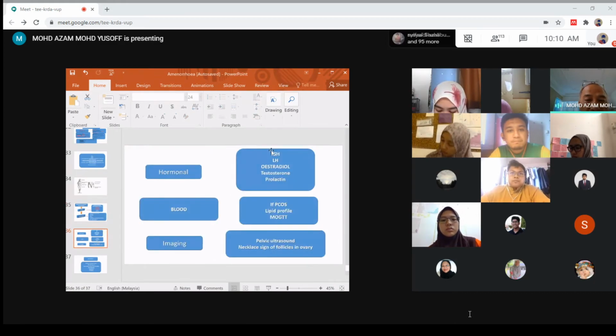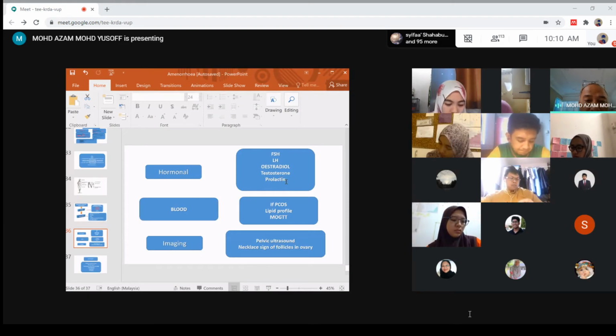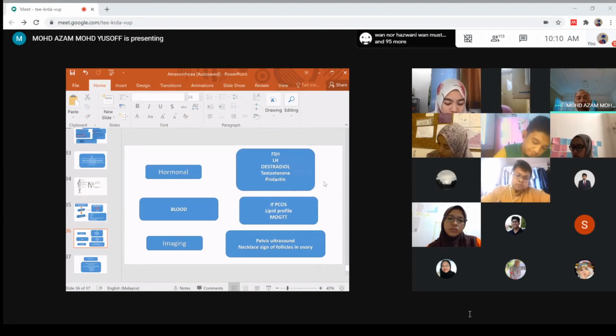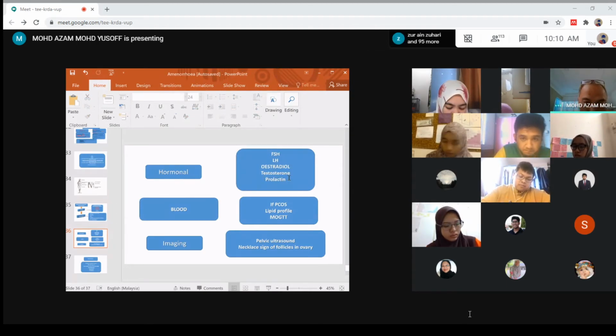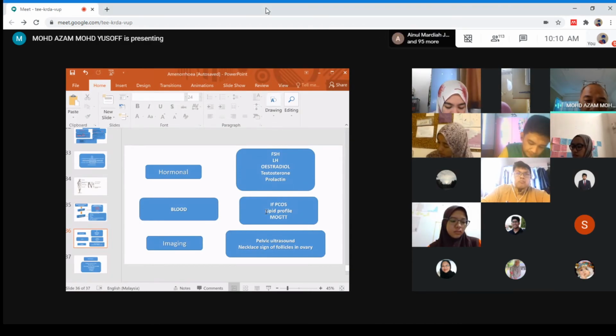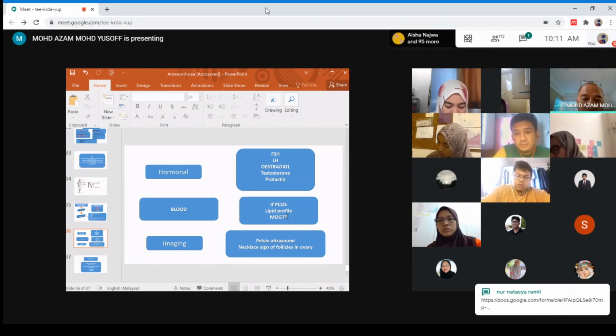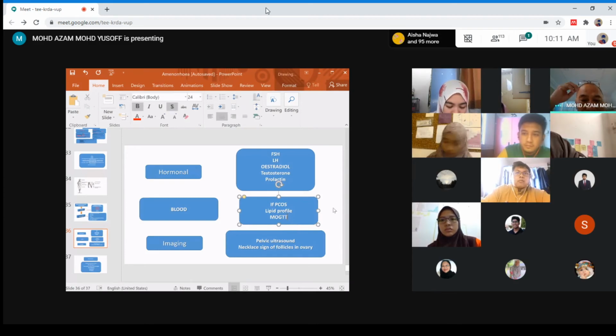Investigations are the same: FSH, LH, estradiol, testosterone, and prolactin. Additional is prolactin, because of prolactinoma. If you suspect PCOS, you need to do a lipid profile and an OGTT to diagnose diabetes.